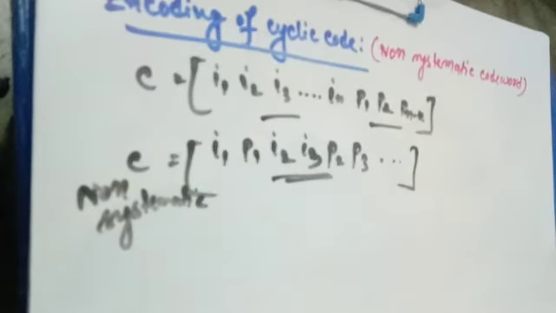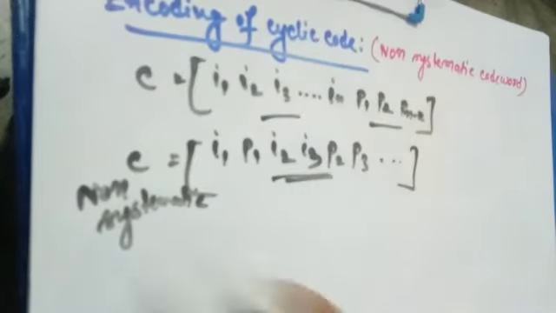For these 2 cases, that means for non-systematic code word and systematic code word, for encoding purpose we need to consider 2 different methods. And in your next few classes you will know how the encoding process can be done. Again, another important factor you have to remember is that in cyclic code, code words are not in word form, rather they are in polynomial form.